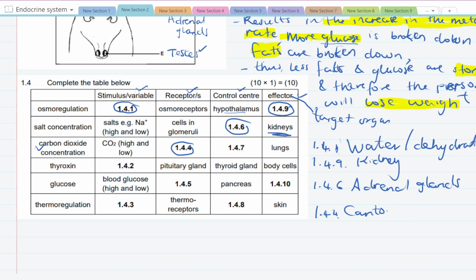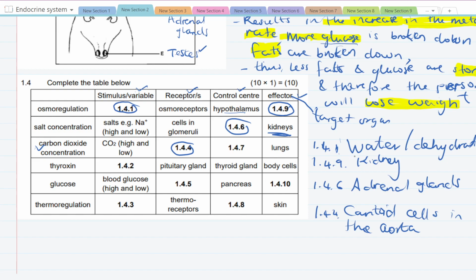Carotid, I can't remember the name. Carotid cells in the, is it the aorta? I think it's in the aorta.